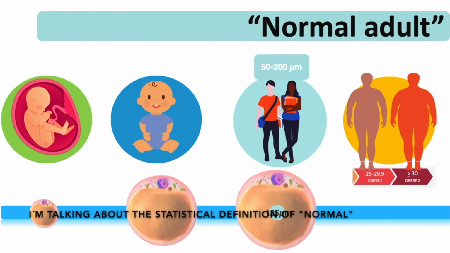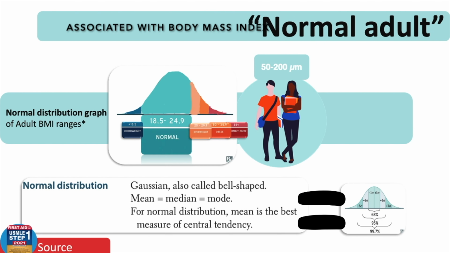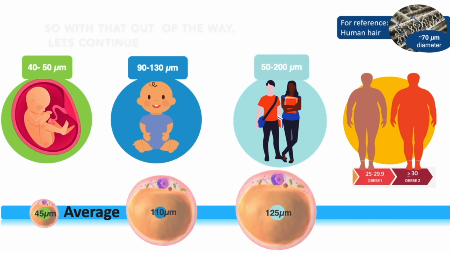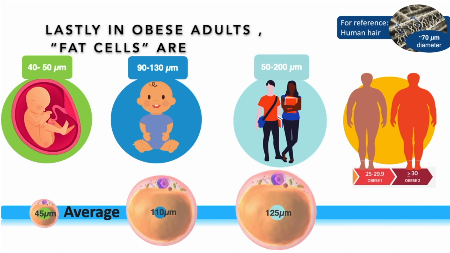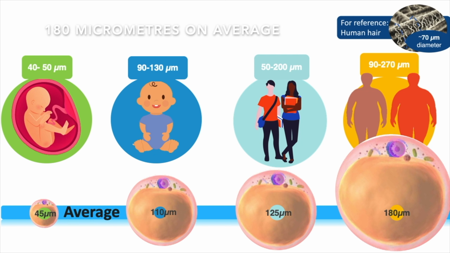I'm talking about the statistical definition of normal, associated with body mass index, perfectly represented in the Gauss graph of normal distribution. So with that out of the way, let's continue. Lastly, in obese adults, fat cells are 180 micrometers on average, so comparatively larger.